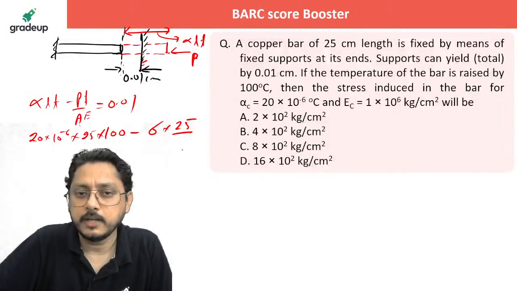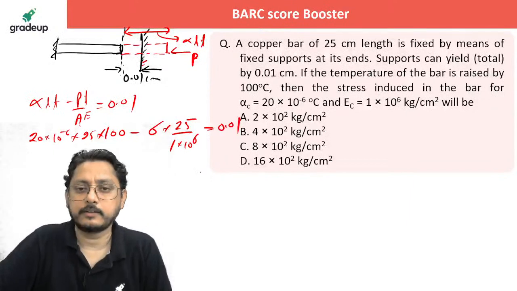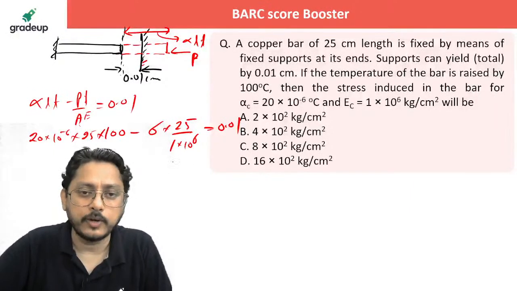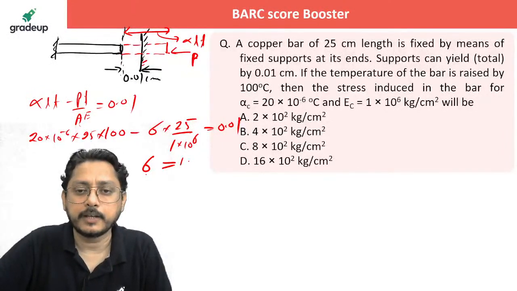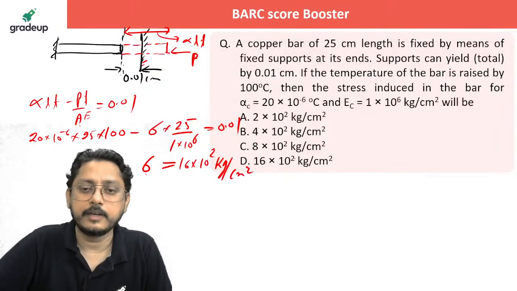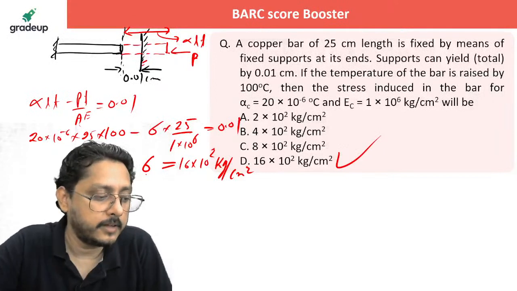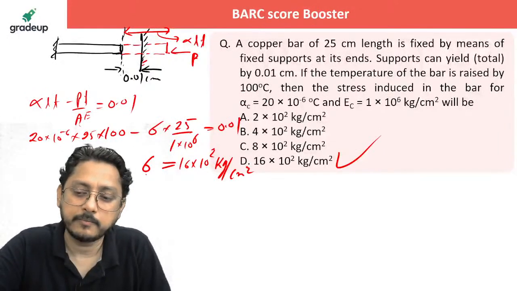E, what is the value of E? That is 1 into 10 raised to 6. E is equal to 0.01. Now from here, please do the calculation to find the value of sigma, and finally you will get around 16 into 10 square kg per centimeter square. These small calculations can be done here, right?